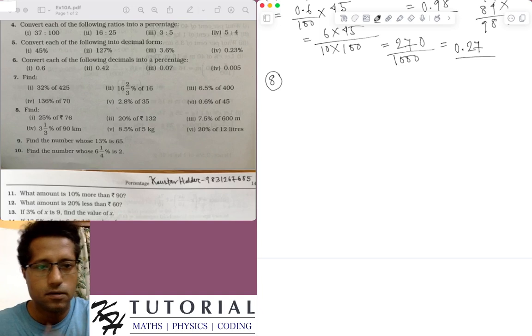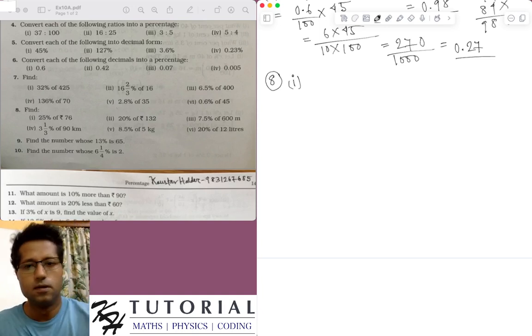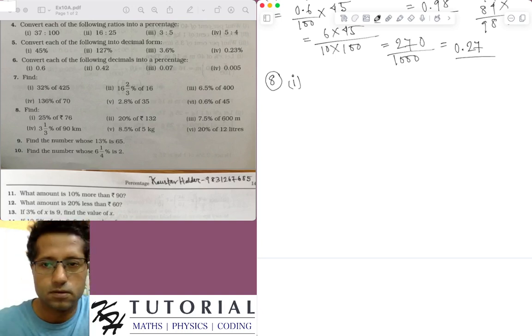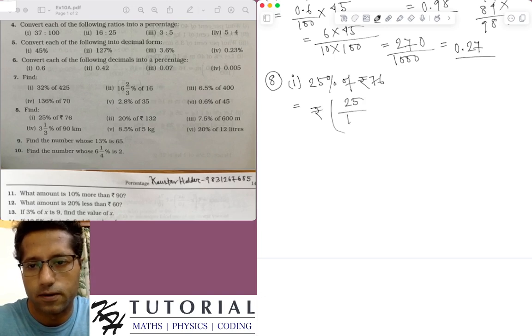It says find. Okay, this is also a similar kind of problem, but now the quantity y has some unit. Okay, so 25 percentage of rupees 76. This is equal to rupees 25 by 100 multiplied by 76.